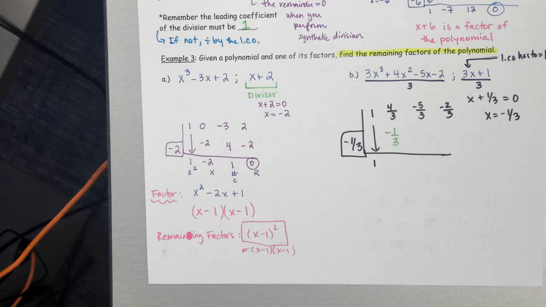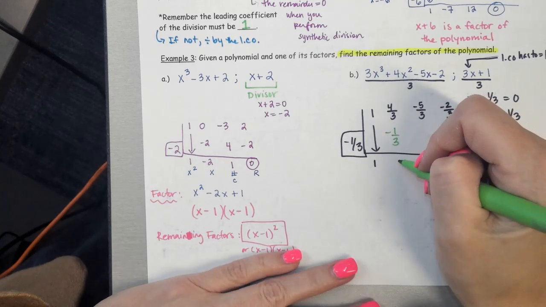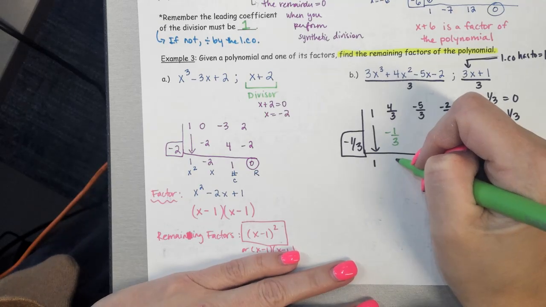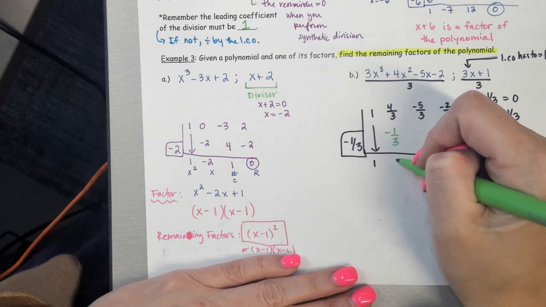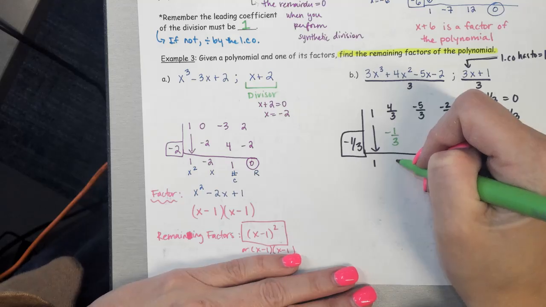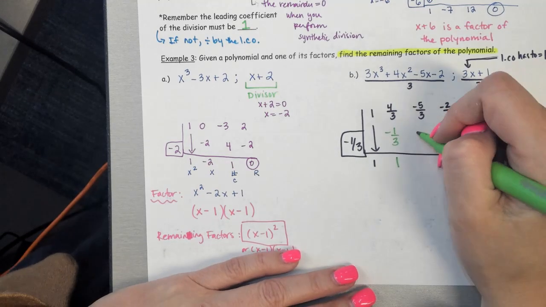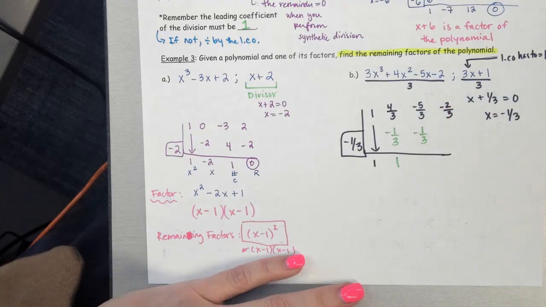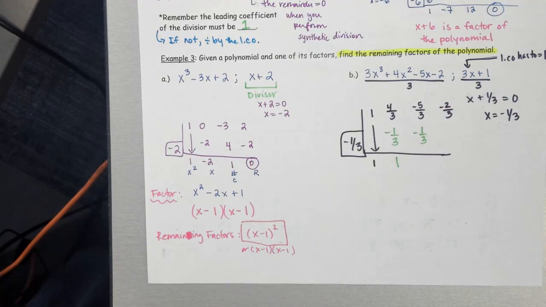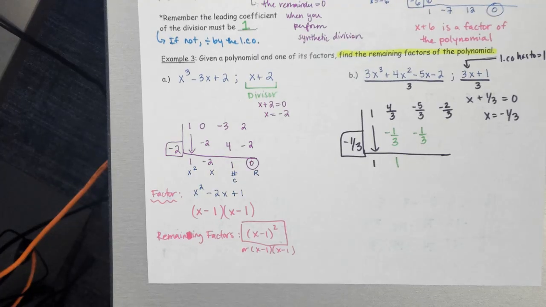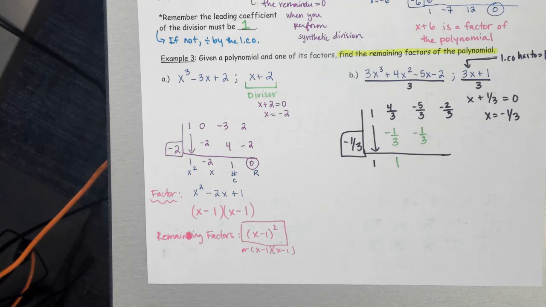So 4 minus 1 is 3, 3 divided by 3 reduces to, what's 3 divided by 3? Just 1. So I'm just going to write down 1. See if you can do that, reduce. If you want to write it down and then reduce underneath, you can absolutely do that.